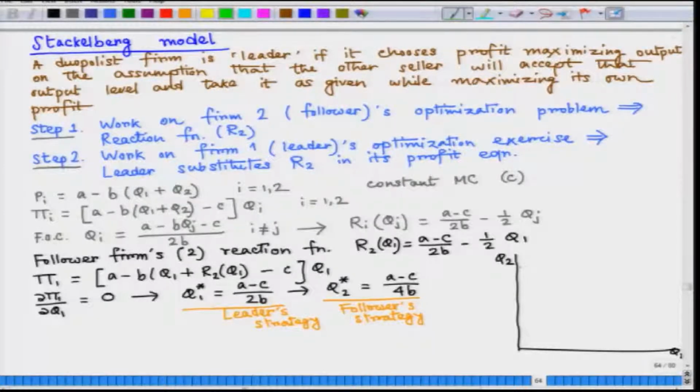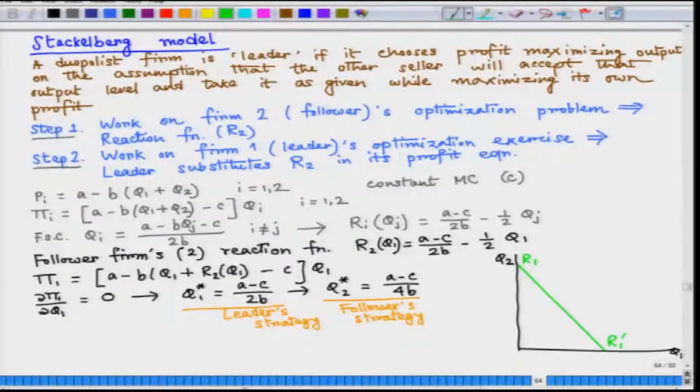As we know the specific functional form, we can draw this, and I say this to be firm 1's reaction function, R1 R1 prime.